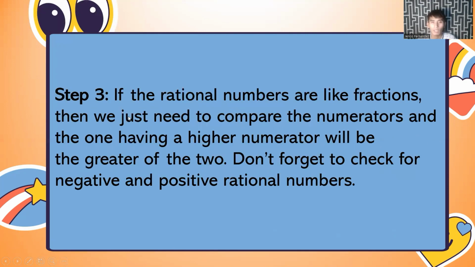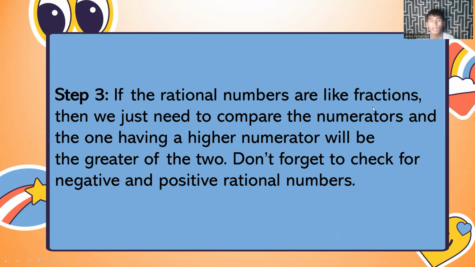Number 3, if the rational numbers are like fractions or if they have the same denominator, then we just need to compare the numerators and the one having a higher numerator will be the greater of the two. Don't forget to check for negative and positive rational numbers. So kasi nga, positive numbers are greater than negative numbers.